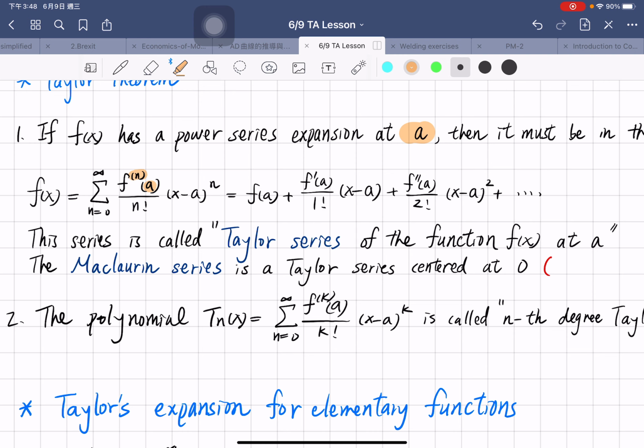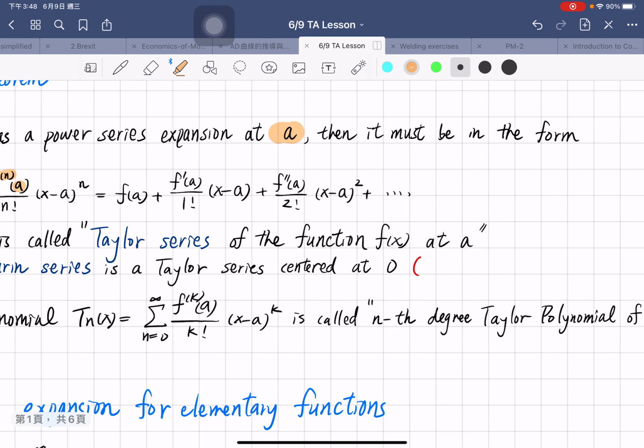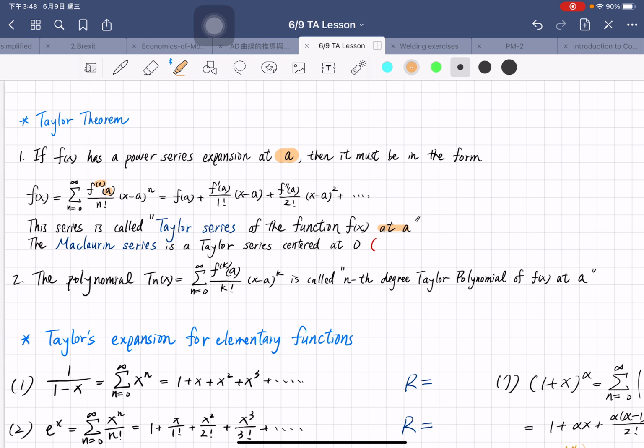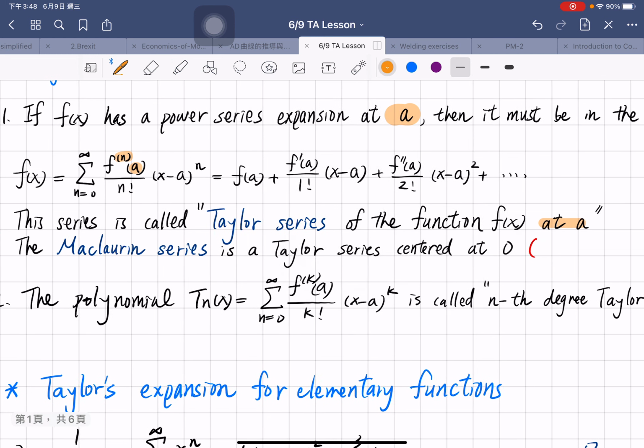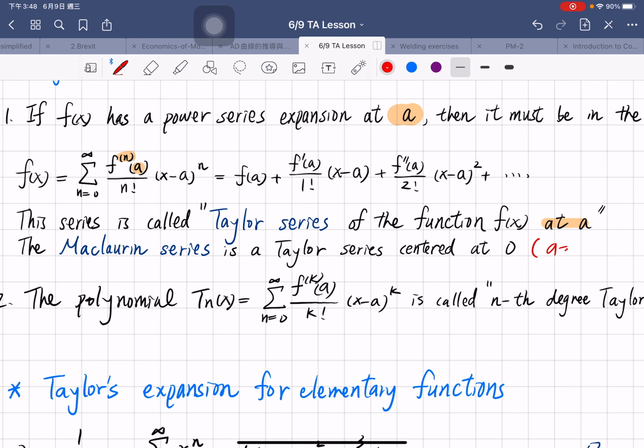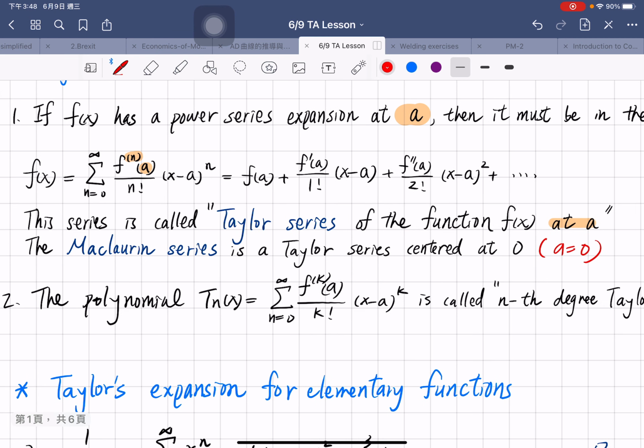The series is called the Taylor series for this function at a. It is important to say where we expand it. When a equals 0, when we expand at 0, we call it the Maclaurin series. So the Taylor series at a equal to 0 is the Maclaurin series.